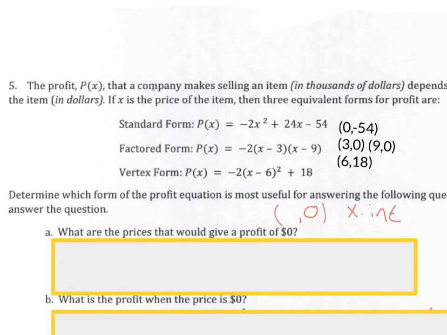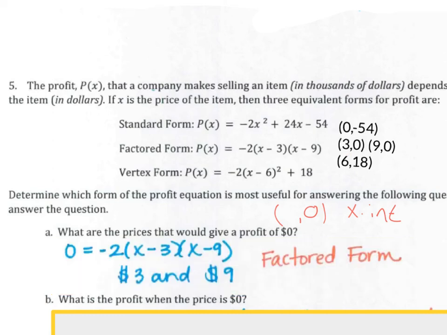So what are the x-intercepts of this thing? Oh, hey, we already found that. That was 3 and 9. So if I were to solve this thing out, by plugging 0 for the profit, we could easily solve this equation, because it's already in factored form, by getting what number minus 3 gives me 0, what number minus 9 gives me 0.